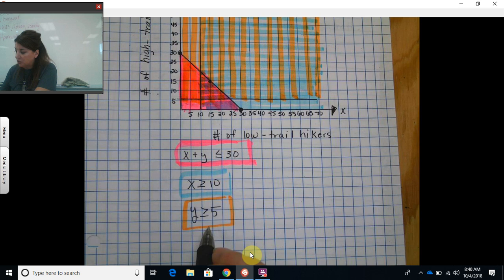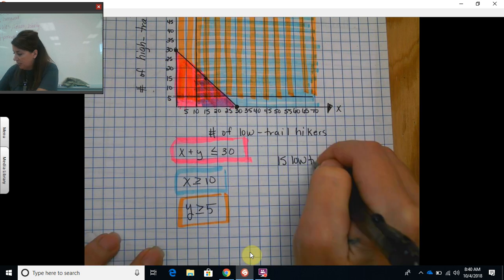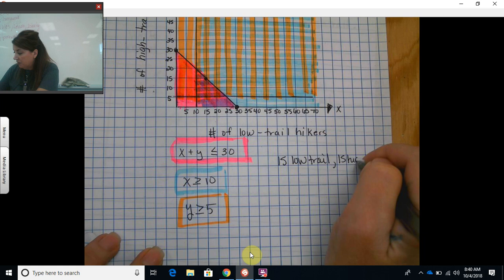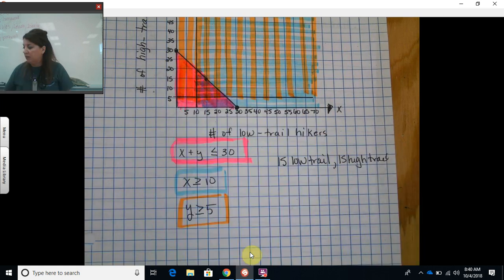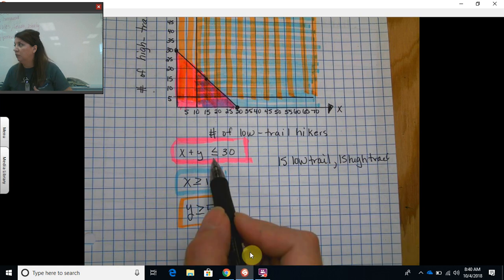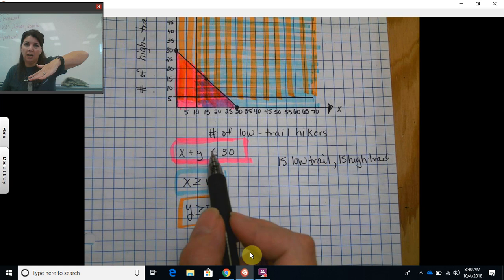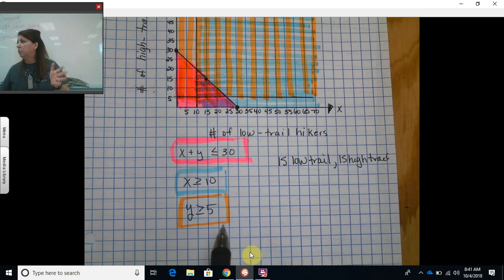Yes, so that works. Now, if that was a dash line and that ordered pair falls right on the line, then that would not work, because that means it would be like less than, not less than or equal to. You know what I'm saying? So dashed means it's the boundary line, but an ordered pair on that line is not true. But since it's solid, it does work.